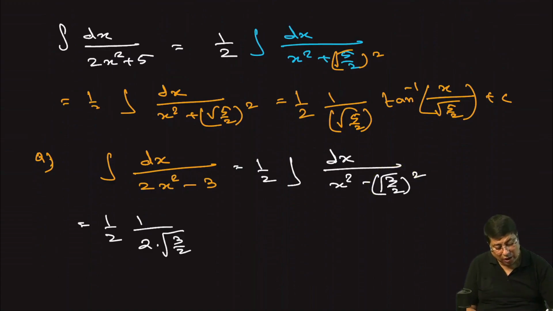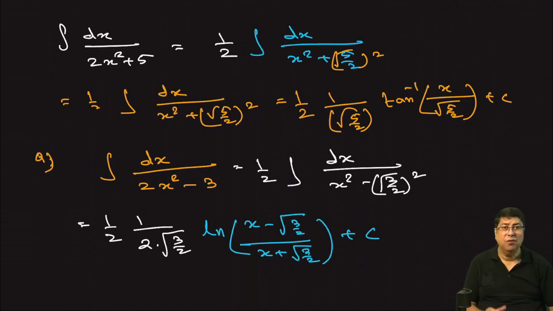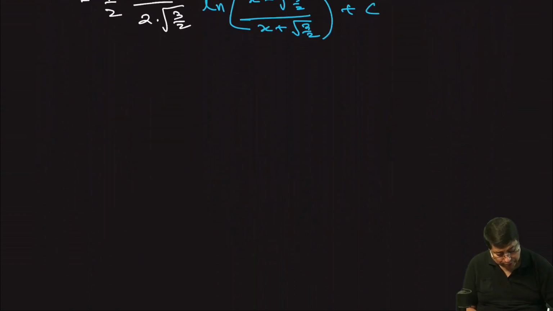So 1 by 2a, and log of x minus root over of 3 by 2 by x plus root over of 3 by 2 plus c. Now we can calculate and simplify on your own. Okay. Next I am going to the next example.